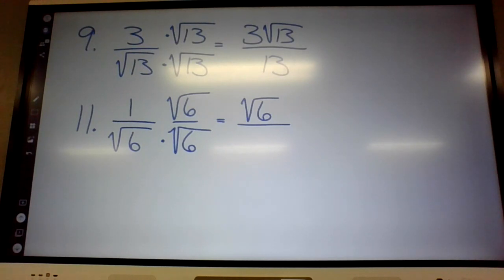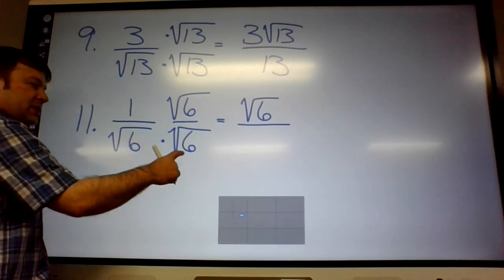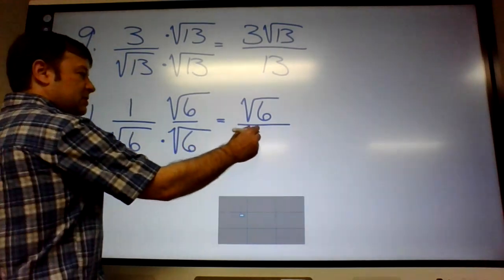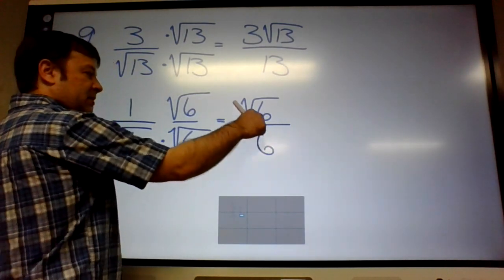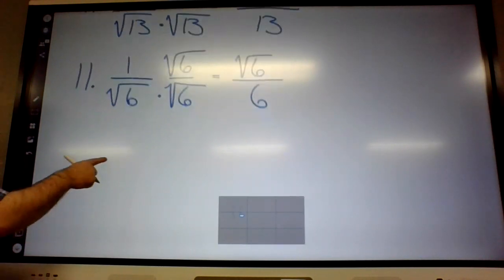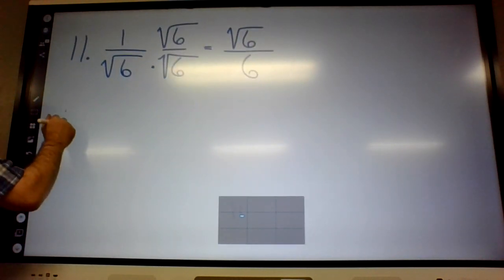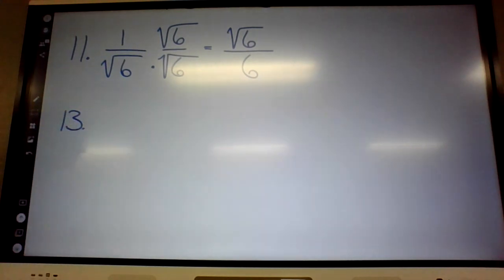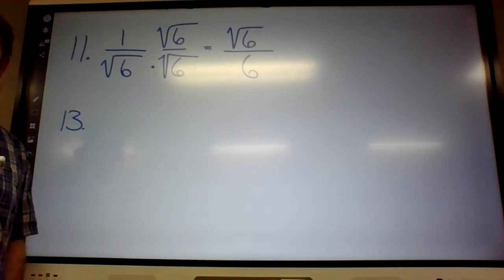And the bottom, what's square root of 6 times square root of 6? 6. And again, these do not reduce. Like I said, a lot of your calculators can handle 1 through 16.